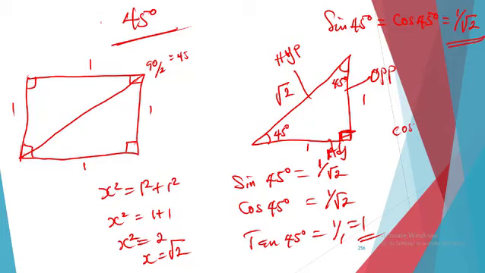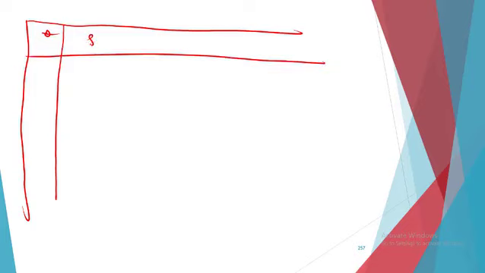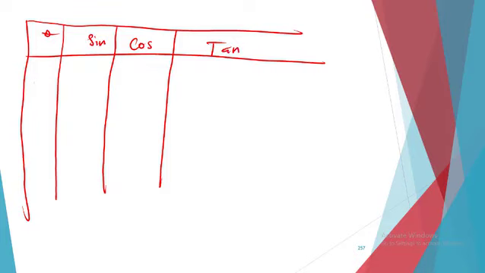Let me quickly give us a table of the values of these angles. Here is our theta. We have sine, we have cos, and then we'll have tan.